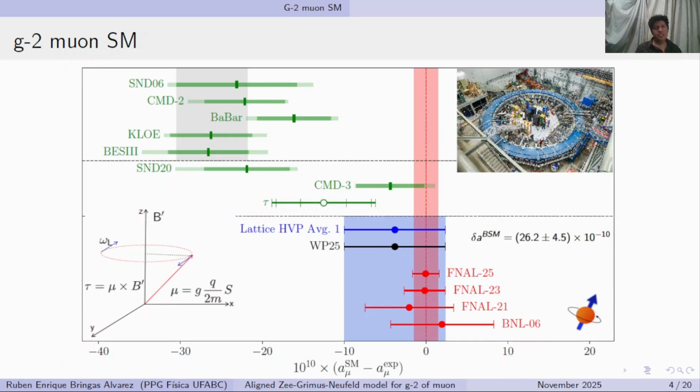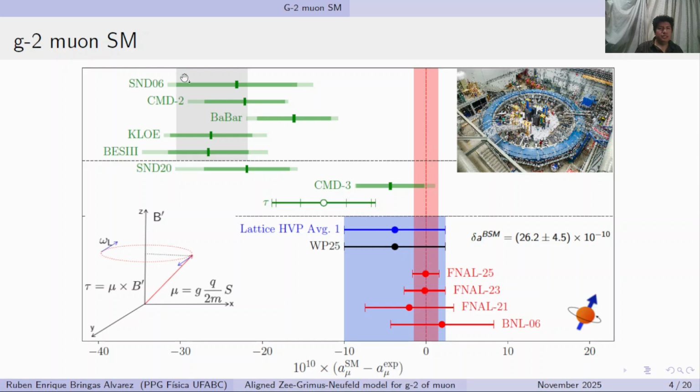For the theoretical value, we use quantum field theory. When we use quantum field theory, we have contributions to g-2 coming from quantum electrodynamics, from the electroweak sector, and from quantum chromodynamics. In this, we have the contribution coming from hadronic vacuum polarization and hadronic light-by-light.